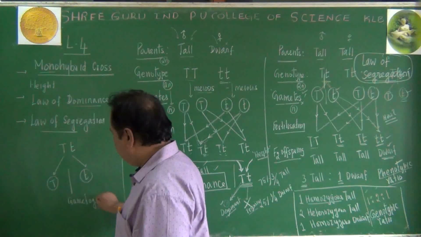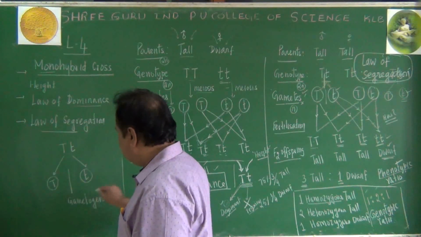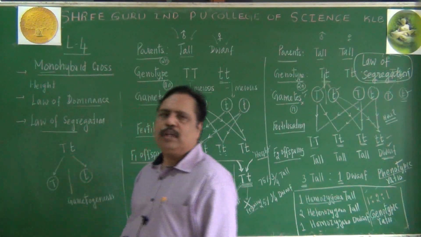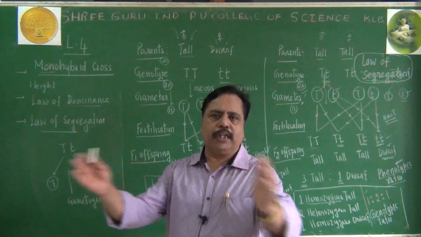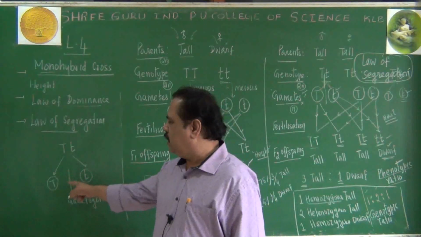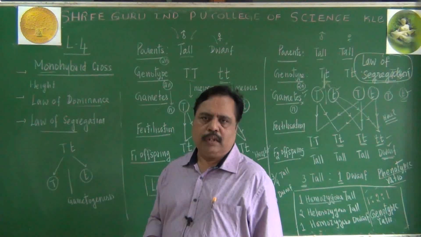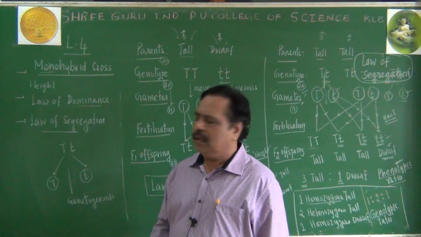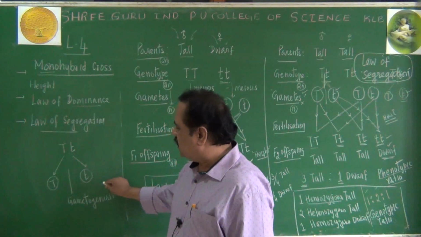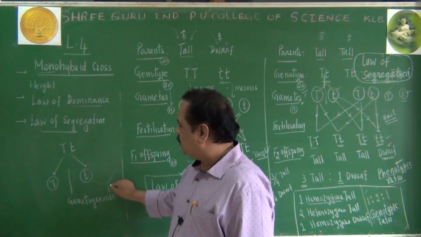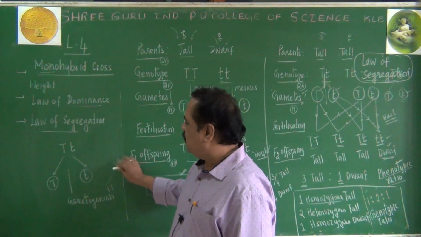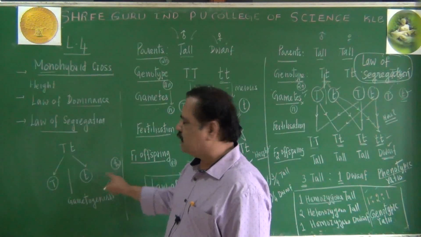So, during gametogenesis, the alleles of a particular character will separate from each other and enter into different gametes. What is the advantage of separation? So that the recessive allele has got a chance to express itself, if at all it meets with another recessive gamete.